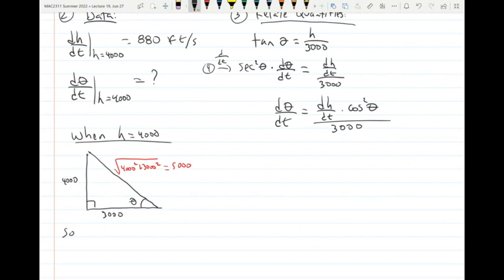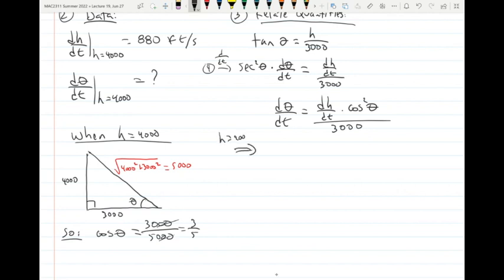So at this moment, when h is 4000, what's cosine? What is cosine? Adjacent over hypotenuse. So zeros are gone. So cosine is 3 over 5. Okay? So I'm going to put it in there.